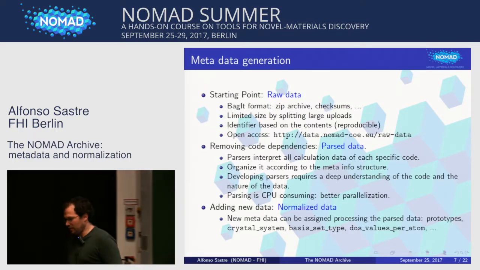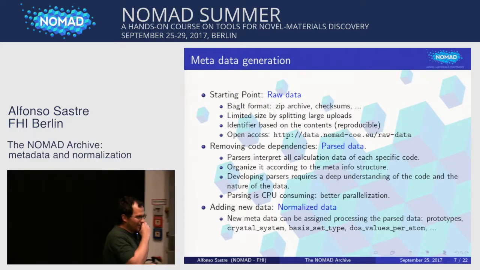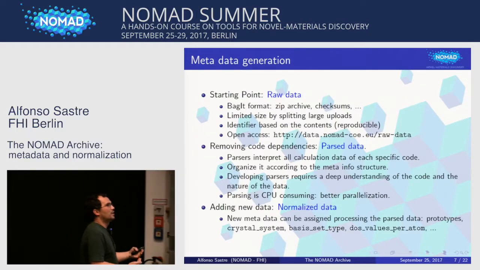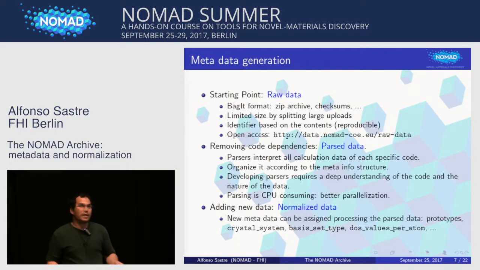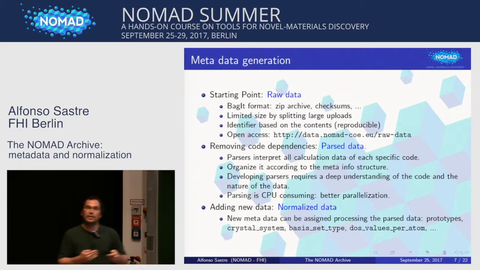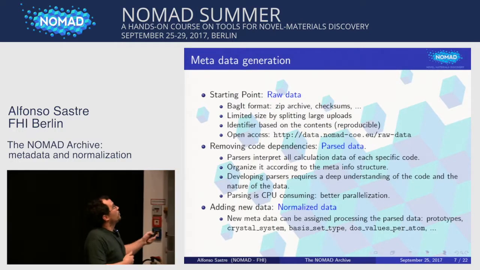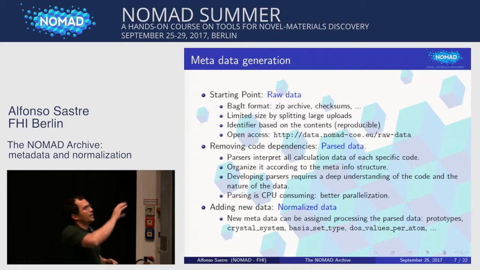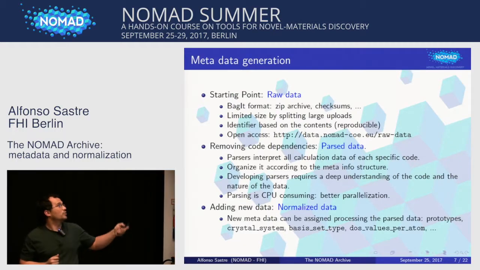Finally, once you have extracted the data that was already contained in the calculations, maybe you can add more data. So you can take the original data you have there, but you can compute other quantities from it, because you have programs that can do that. And if they are supported by us, we can include this new data in these archives. That's what we call normalizations. So for example, if you know that, okay, taking all this metadata that I have from the previous step, I can run my algorithm for all the calculations and create new properties, we can add this also here.